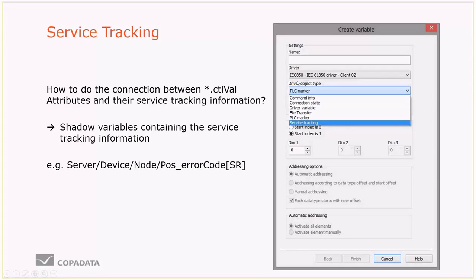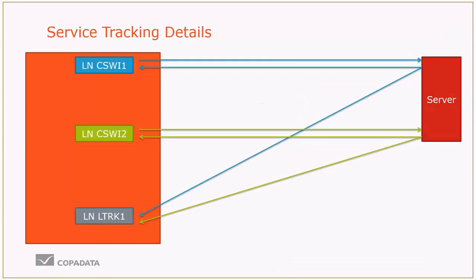There is this new driver object type service tracking available. And also the import mechanism knows about these service tracking shadow variables. So if there is some service tracking available, you can import it.